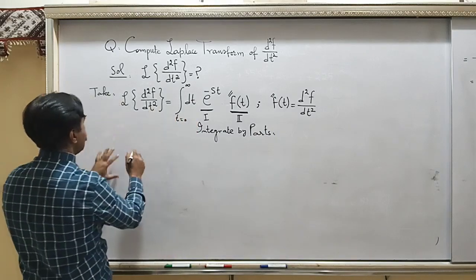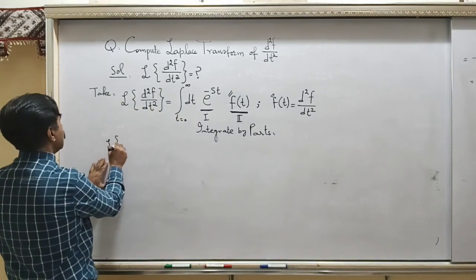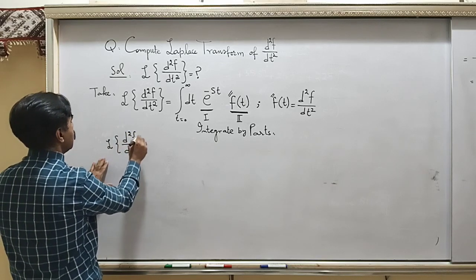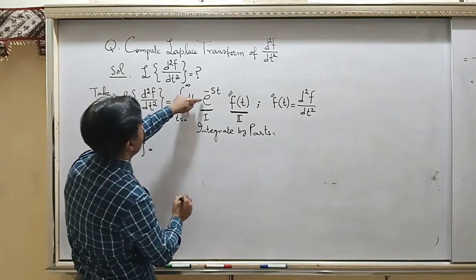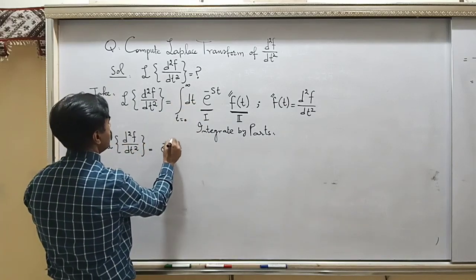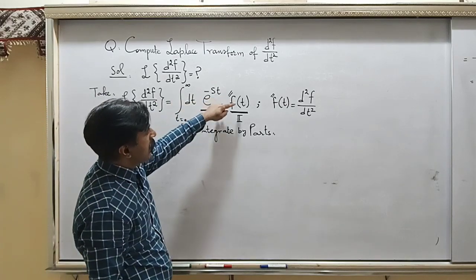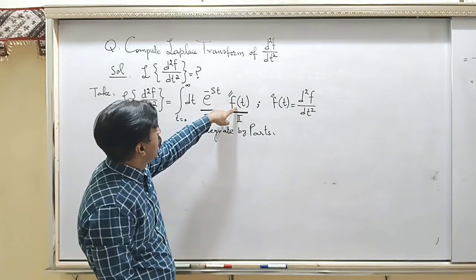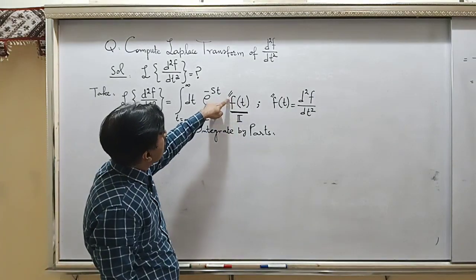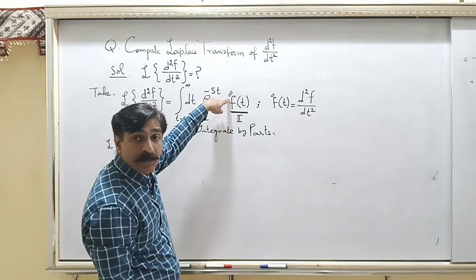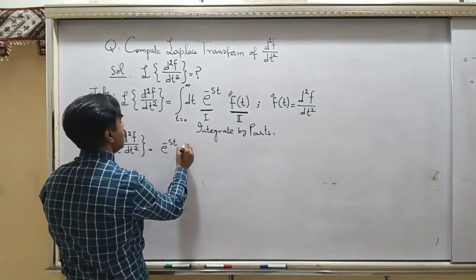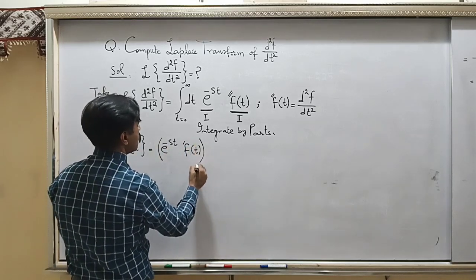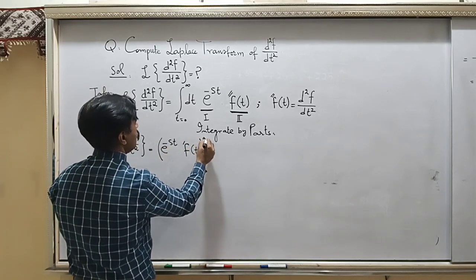Okay, so the left side is the same as before, d2f by dt square, and this is the first function into the integration of the second function, or second factor, whichever you like. Integration means one derivative will be erased, so you will have f prime of t, and apply the limits of integration, which are from 0 to infinity.